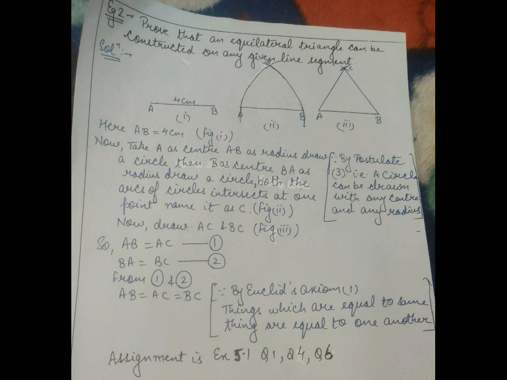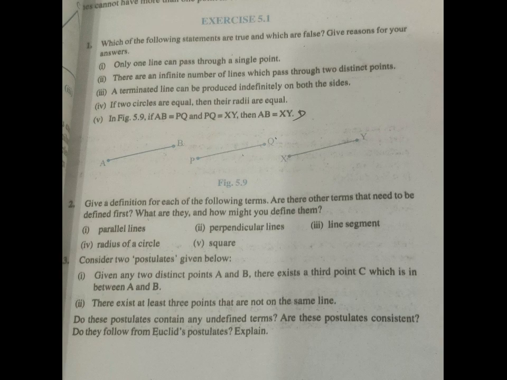So from equations 1 and 2, we can say that AB is equal to AC is equal to BC. This again we can conclude from Euclid's axiom number 1, that is, things which are equal to the same thing are equal to one another.